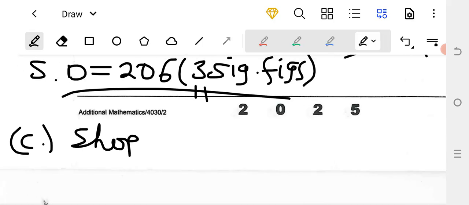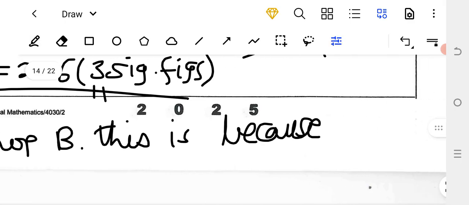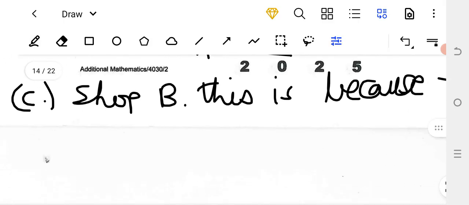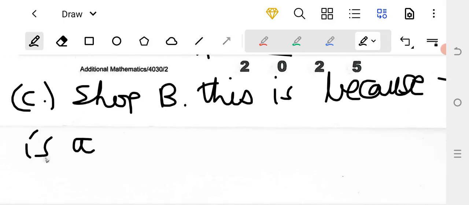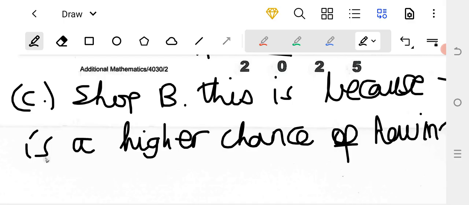Shop B. Then you would say this is because there is a higher chance of having profits.